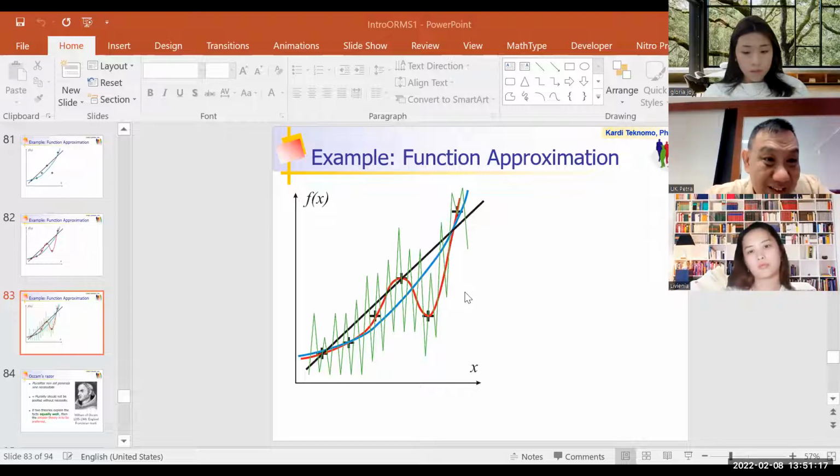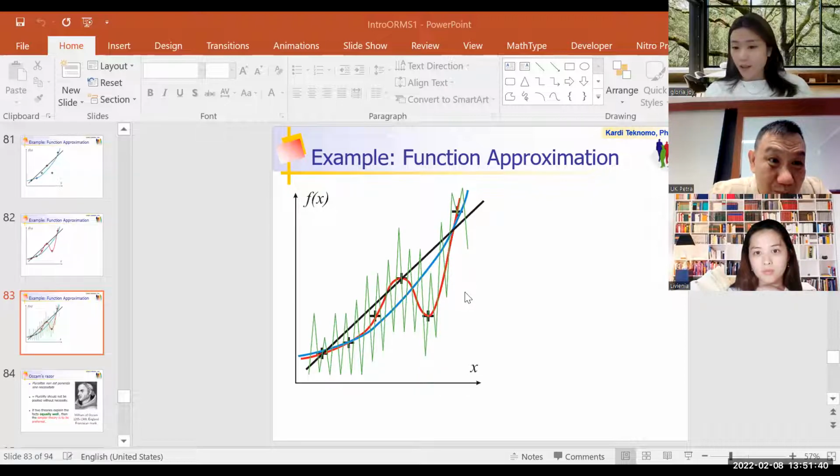Joy. Blue line. The red one? You will choose the red one? The blue one. The blue one, why? That's the closest to the line.